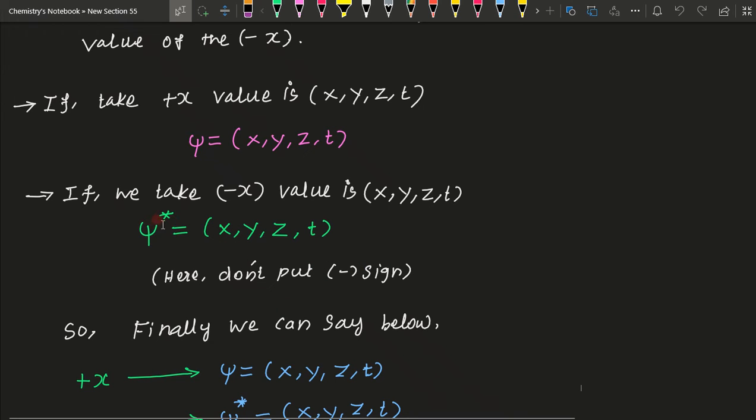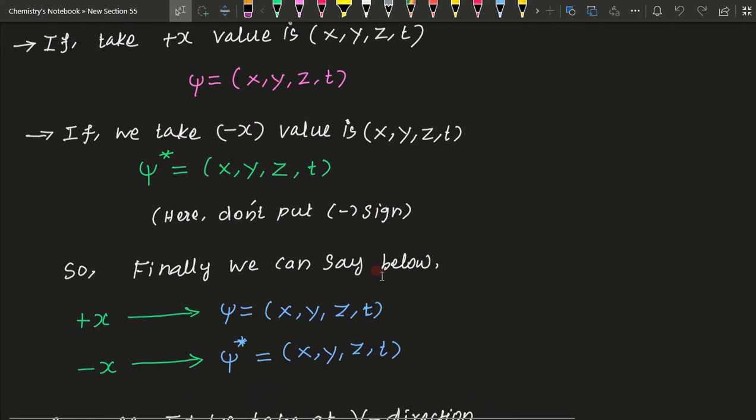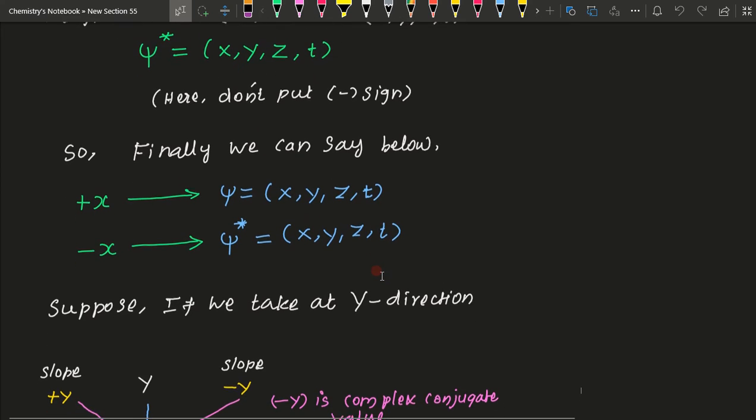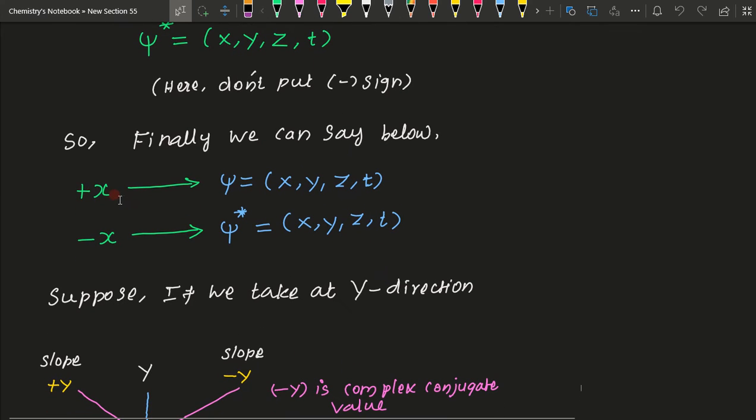See, this is the conjugate value psi star. So psi star equals x, y, z, t. Here don't put a minus sign, negative sign. Finally, we can say below, plus x is psi equals x y z t, minus x is psi star equals x y z t.